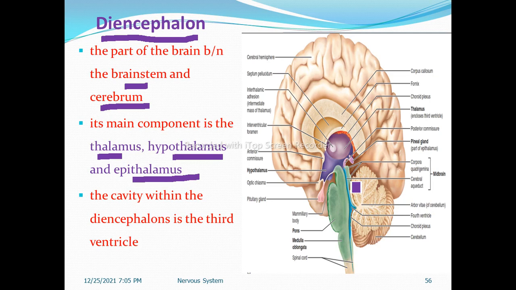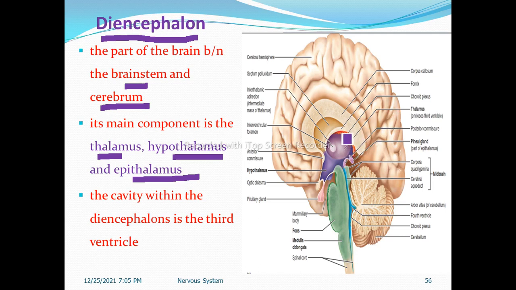So this is corpora quadrigemina, found on this area. So this is midbrain. This is posterior commissure. This is anterior commissure. This area is known as the third ventricle, which is found in the thalamus.